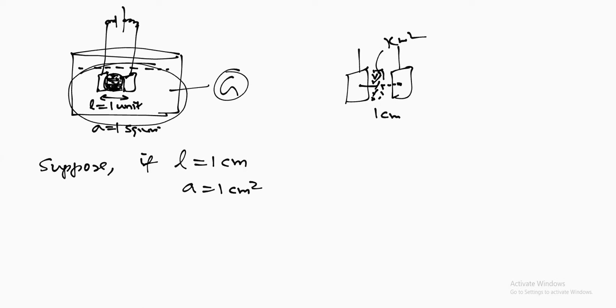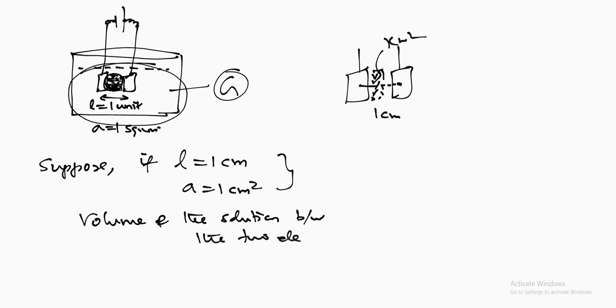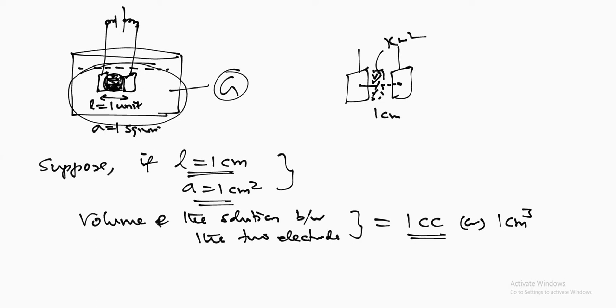So we can also define, therefore, the volume of the solution between the two electrodes is nothing but 1 cc. Also you can say 1 centimeter cube. Cc means cubic centimeters. Now listen, student. So you kept L as 1, A as 1, correct? Then 1 cc of solution will give some conductance.